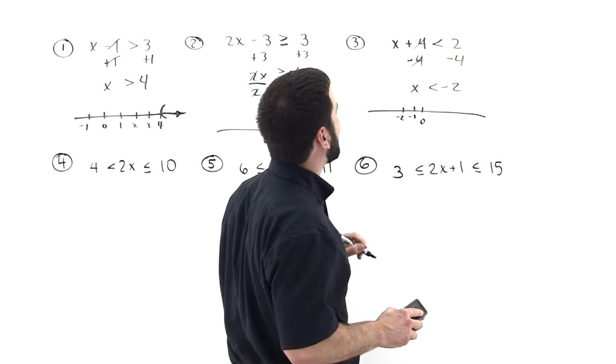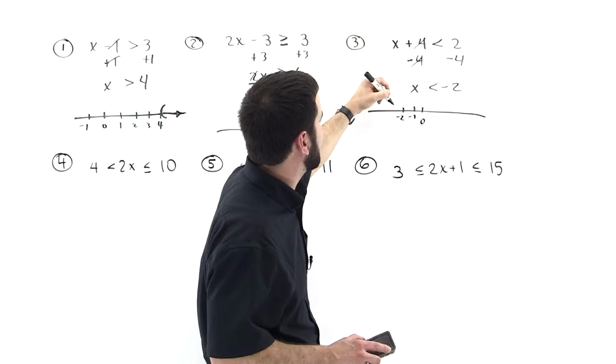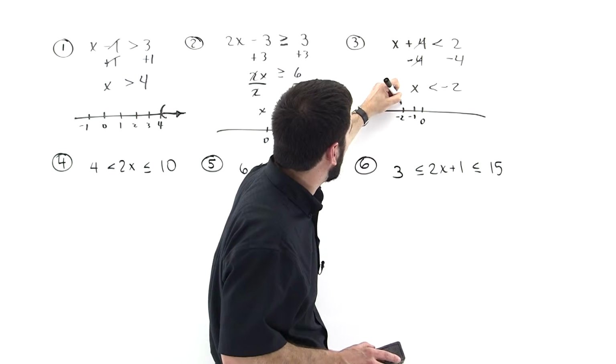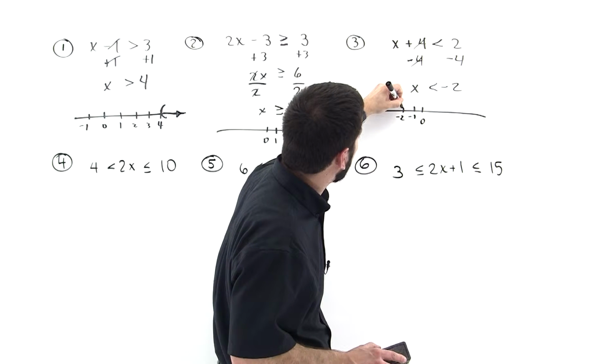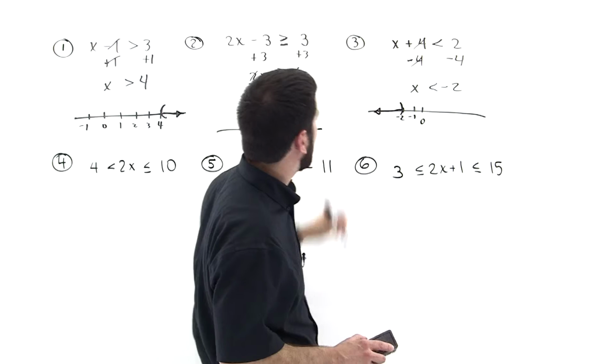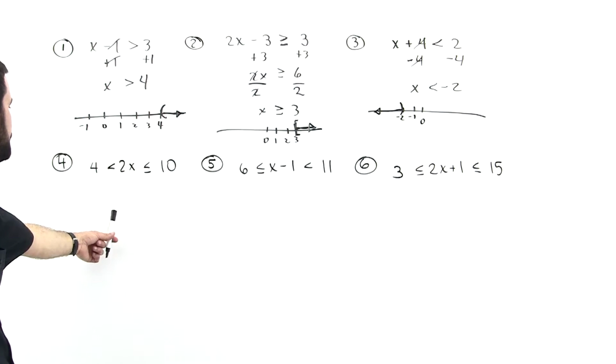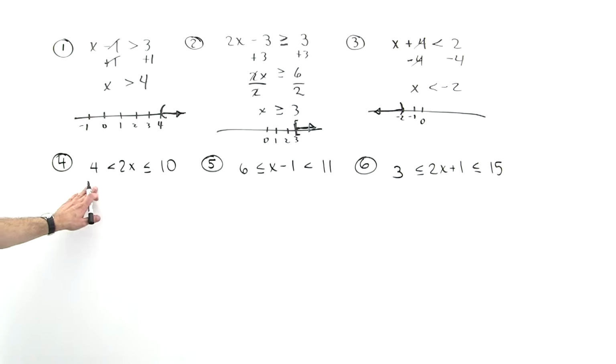It's less than negative 2, so it's going to be in this direction, and it's not less than or equal to, so it's going to be an open parenthesis like this.